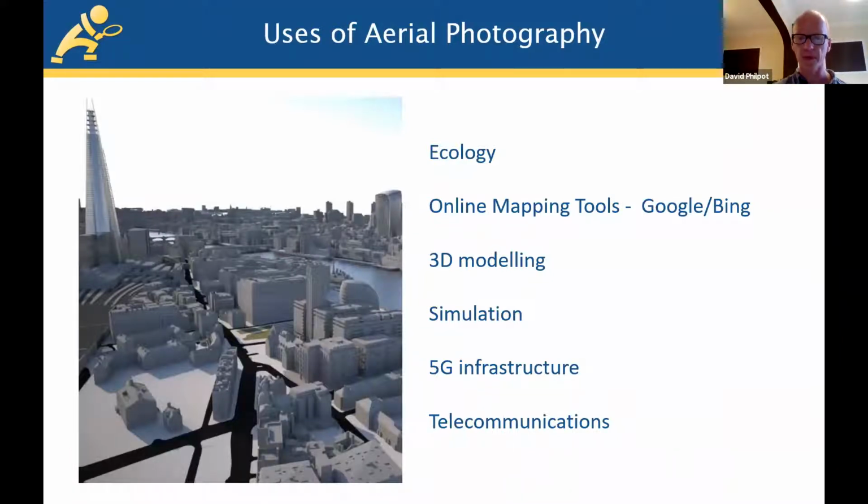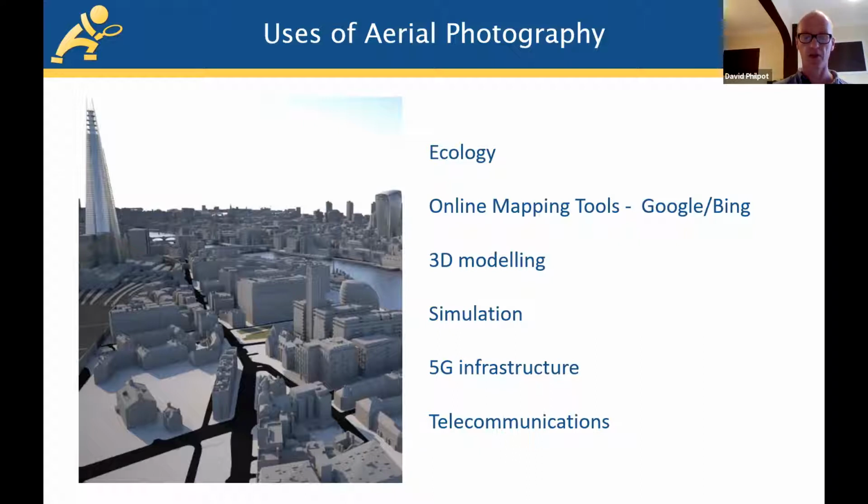So looking at the fusion of the DTM, the surface model, and our high quality photography, you're getting into 3D modeling and simulation software applications. And this is a hugely important growth. And the phrase that is going about now is digital twins, which are hyper accurate virtual models of the real world.